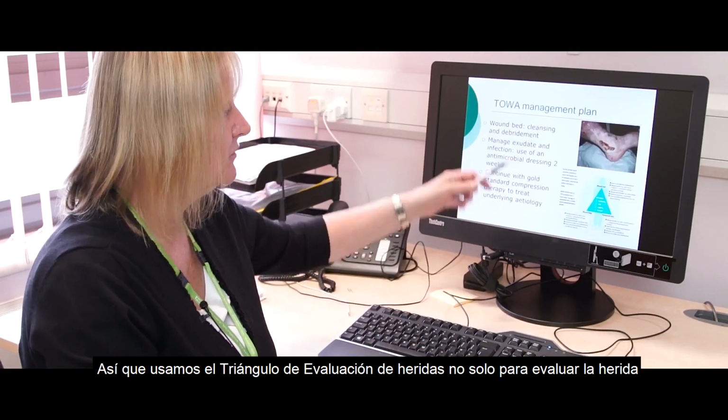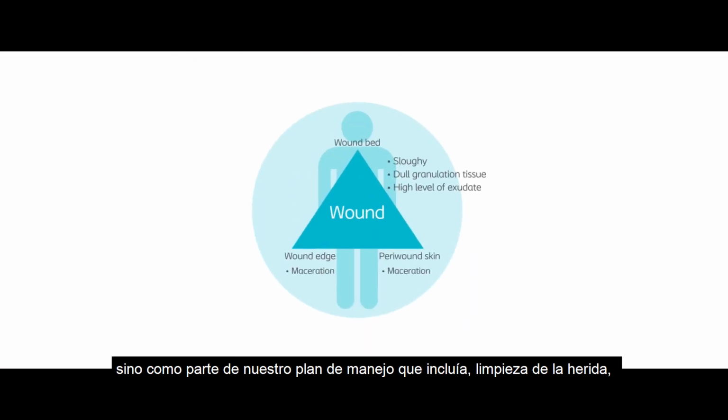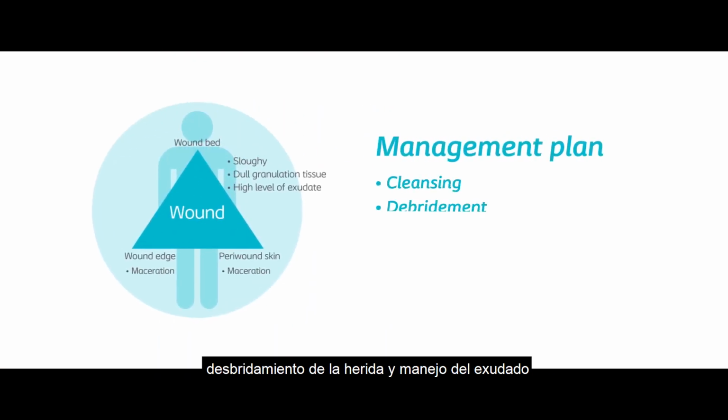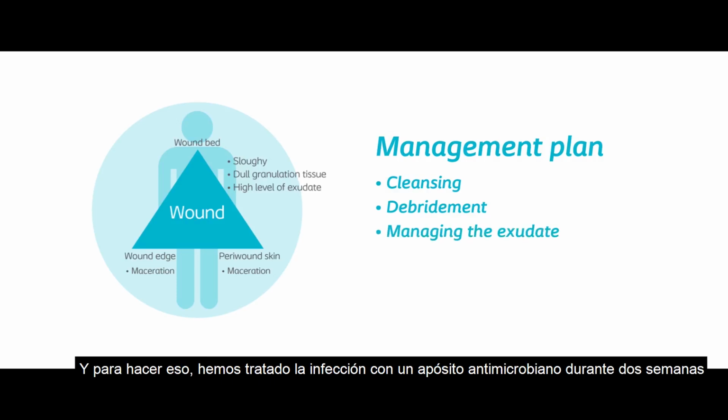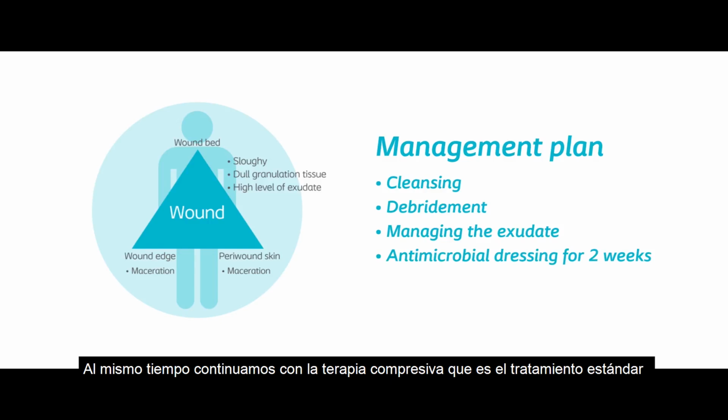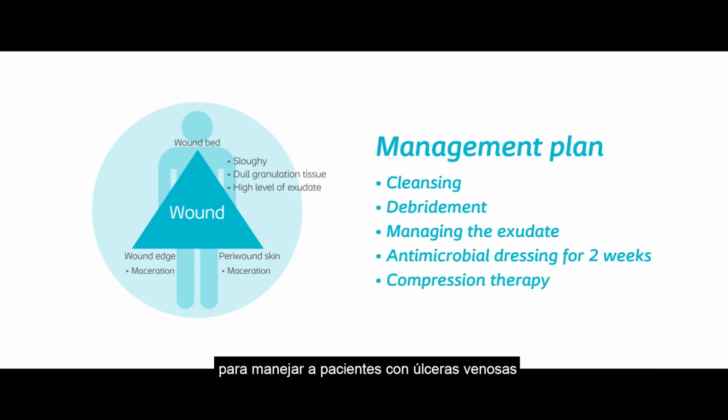So we've used the Triangle of Wound Assessment not just to assess the wound, but as part of our management plan, which includes cleansing the wound, debriding the wound and managing the exudate. And to do that, we've treated the infection with an antimicrobial dressing for 2 weeks. And at the same time, we have continued with using compression therapy, which is the gold standard for managing venous leg ulcers.